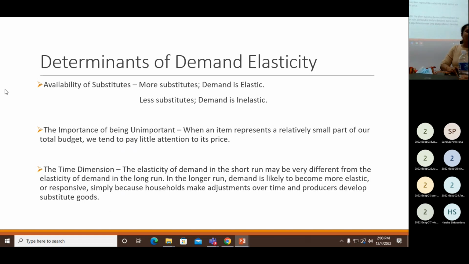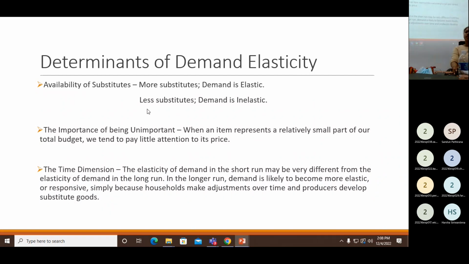So these are the factors. First one, availability of substitutes. Do you have substitutes for that particular product? If you have so many substitutes, then you don't have to cling on to that product. You can always move out if the price increases. So more substitutes, demand will be elastic.